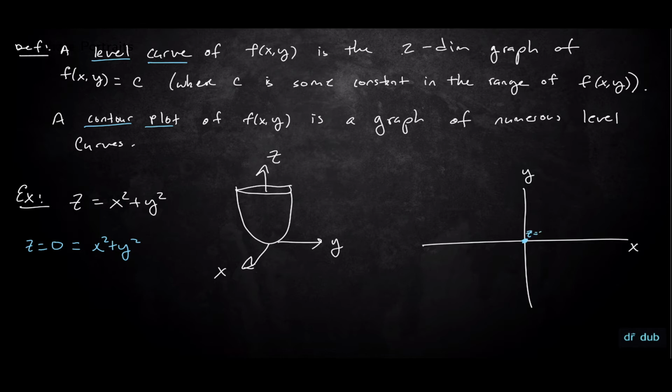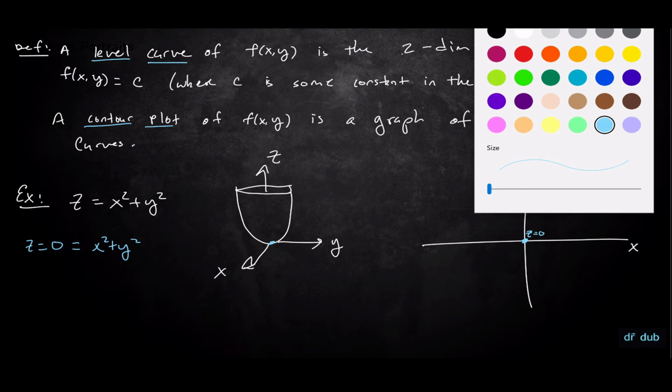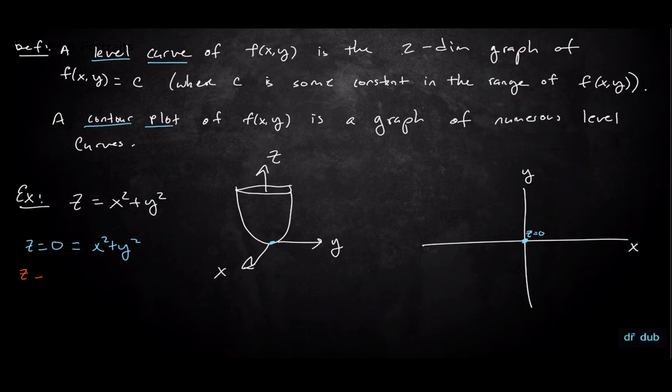That's z equals 0. What if I pick z equals 1, equals x squared plus y squared? Let me color code them a little better, so let me make them different colors so we can trace them. So if I pick z equals 1 equals x squared plus y squared, then I get a circle of radius 1 centered at the origin. So everything on that circle corresponds to a z value of 1, or a height of 1.